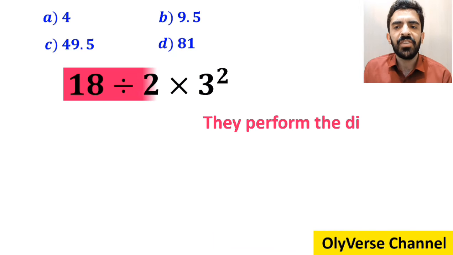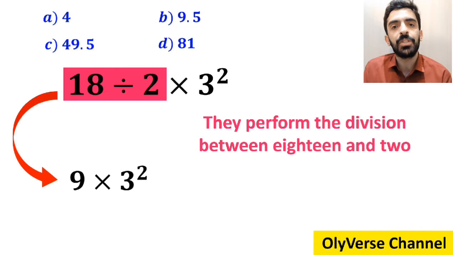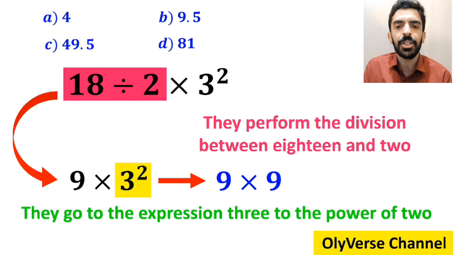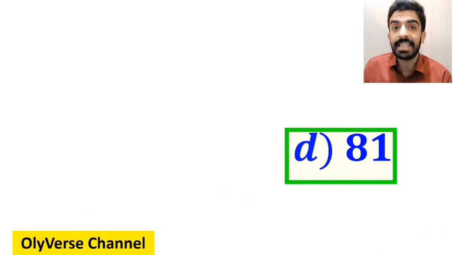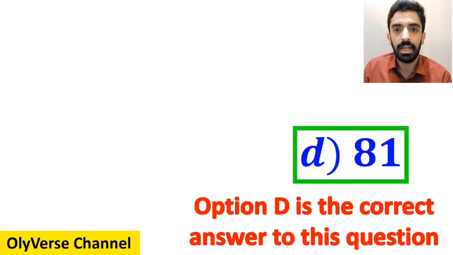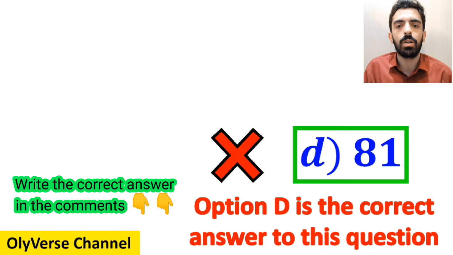Then, they perform the division between 18 and 2, and instead of this expression, they write 9 × 3^2. In the final step, they go for 3^2 and simplify it to 9 multiplied by 9, which ultimately gives them the answer 81. Then, without any hesitation, they quickly say that option D is the correct answer to this question. However, this answer is absolutely wrong.